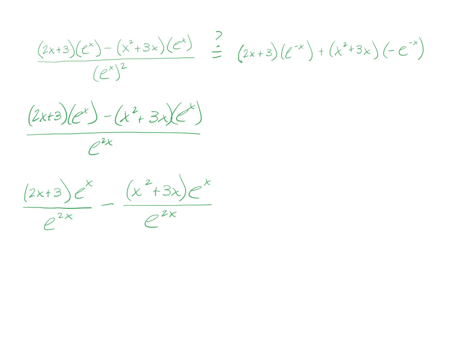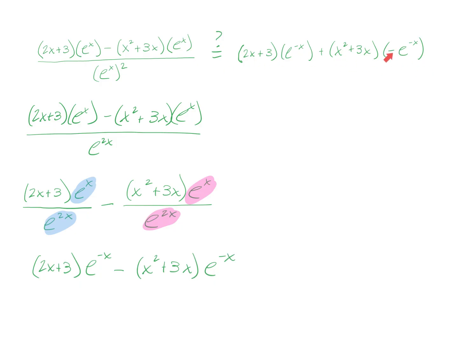And then I can simplify because when you divide like bases, you subtract the exponents. So I have e to the x over e to the 2x, subtract the exponents, and you get e to the negative x. So this is going to be 2x plus 3 times e to the negative x minus x squared plus 3x times e to the negative x, which is exactly this expression.